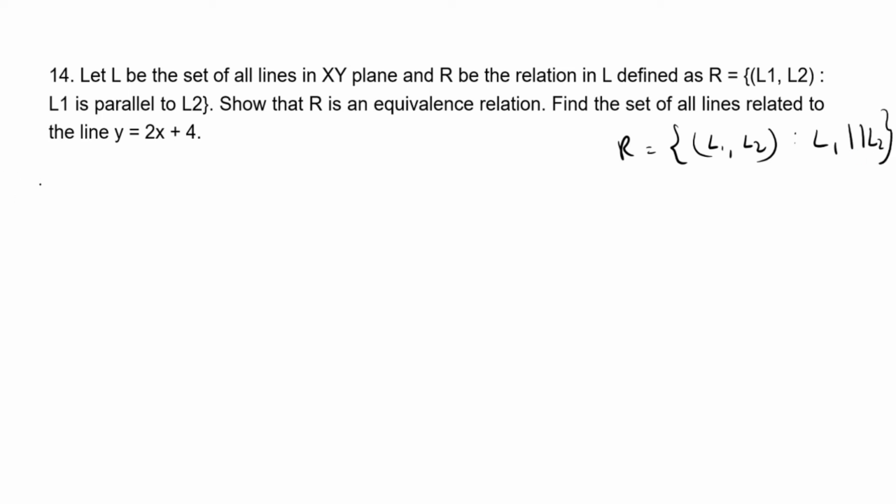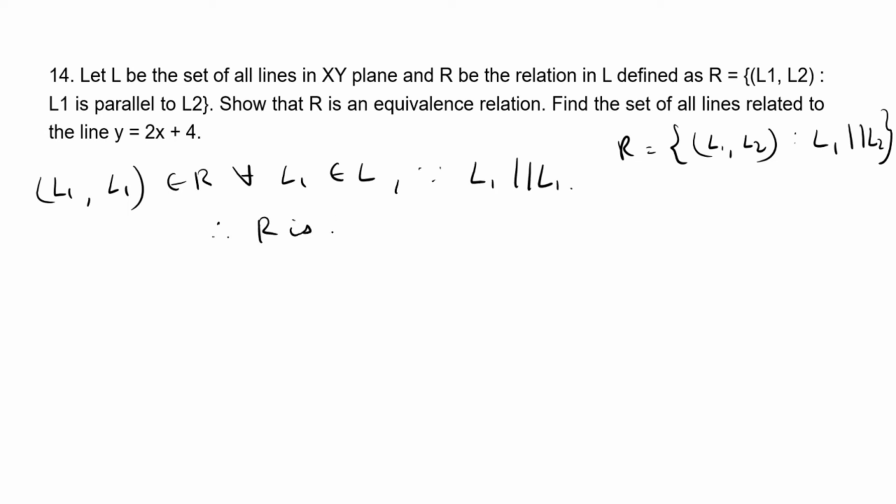So first we will prove R is reflexive. We can see that (L1, L1) belongs to R since each line is parallel to itself. For all L1 belonging to L, L1 is parallel to L1. Therefore, R is reflexive.